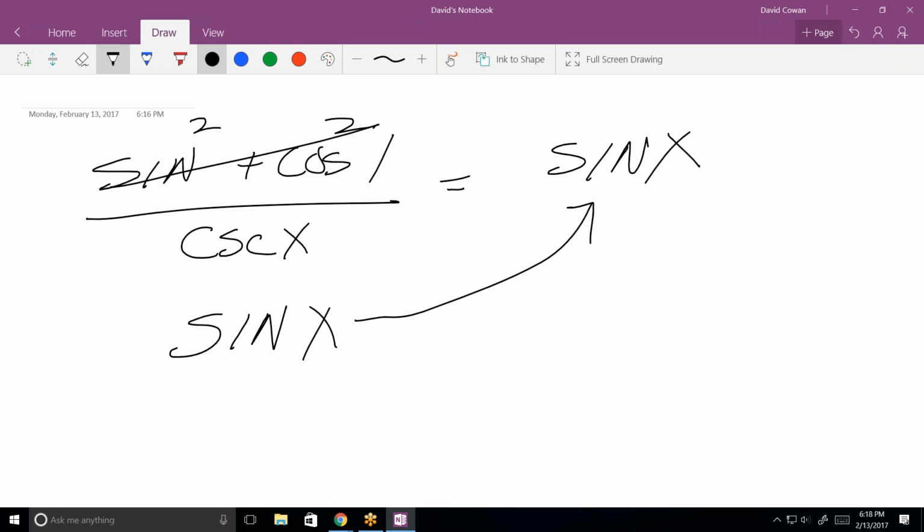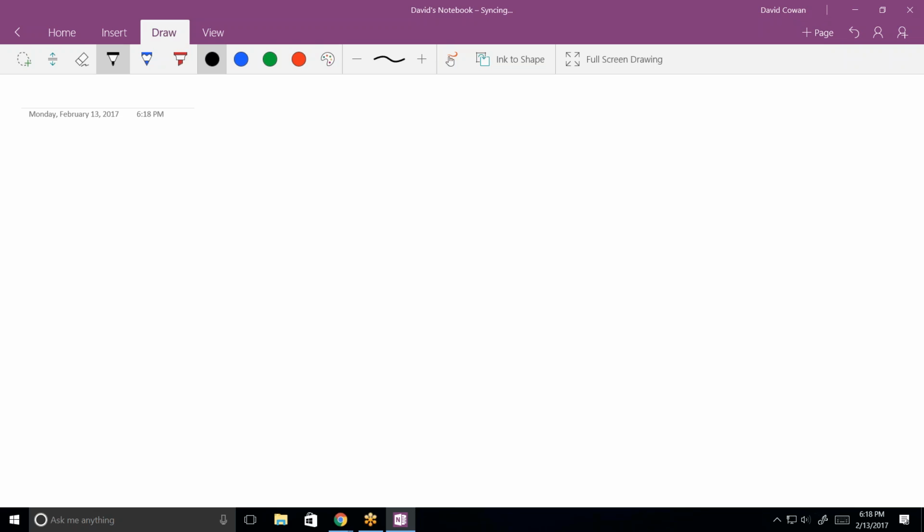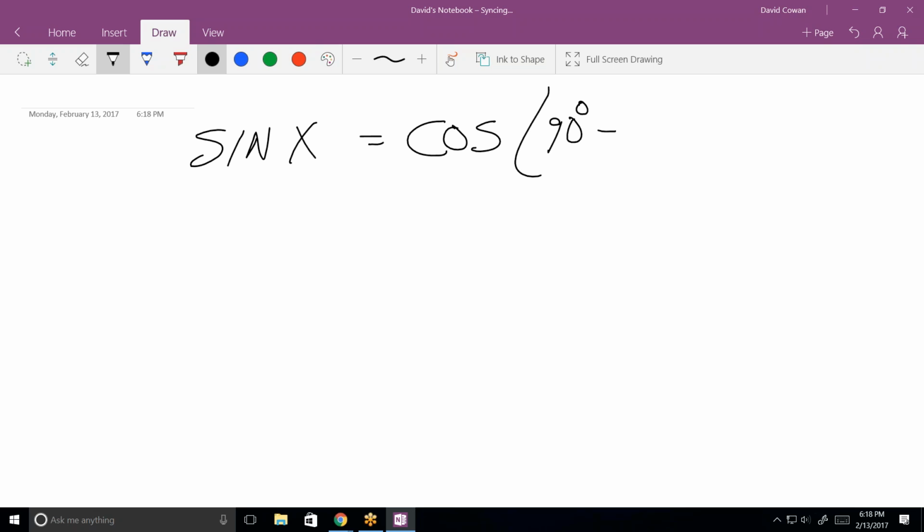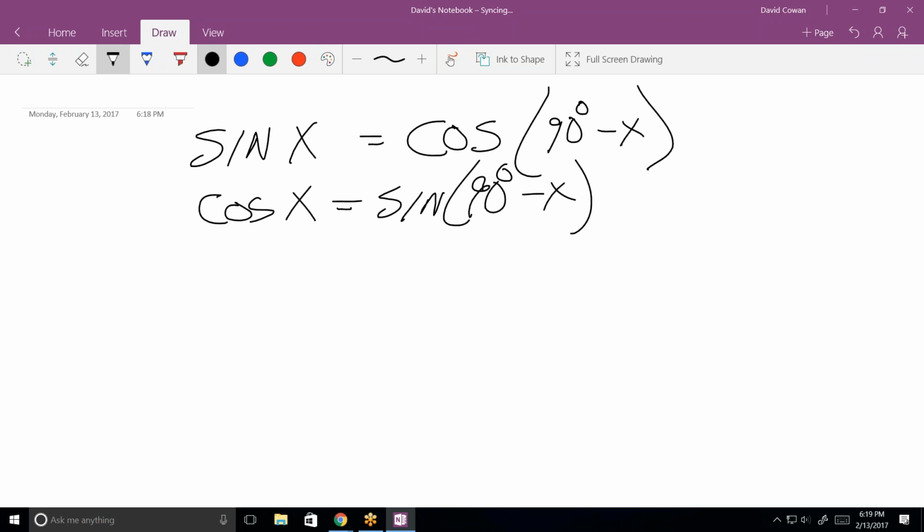As long as we're talking about cofunctions, let's talk about them. Then we'll get back to doing your 11 major identities. Cofunctions have a purpose. The sine of x is always equal to its cofunction of 90 degrees minus x, and vice versa. In other words, cosine of x is equal to sine of 90 degrees minus x. Notice the sine of 30 degrees is 1/2. That would make the cosine of 60 degrees 1/2.